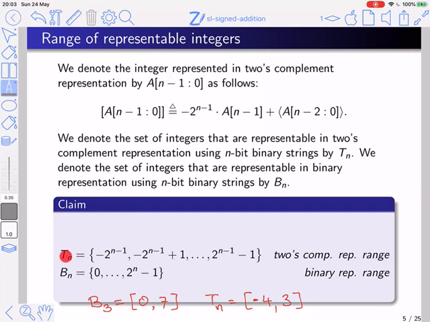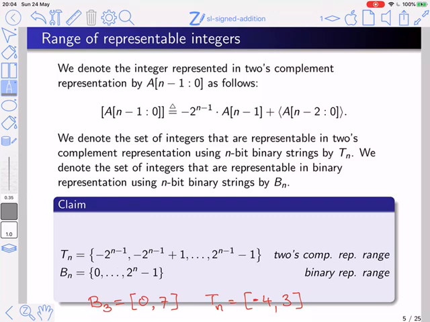Tn, on the other hand, you can check, is from minus 2 to the power of n minus 1. This is the case in which this bit is 1 and all these bits are 0. Up to 2 to the power of n minus 1, minus 1. This is the case in which all these bits are 1 and this bit is 0.